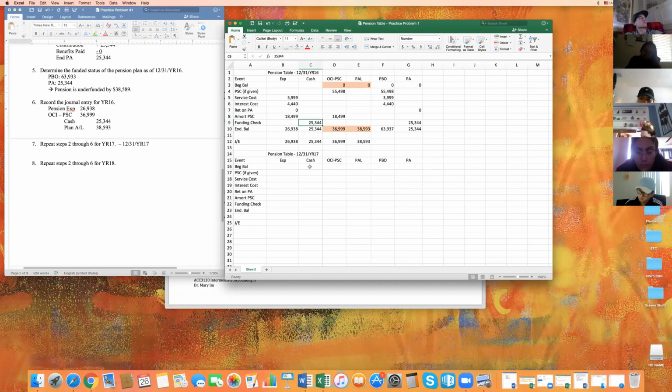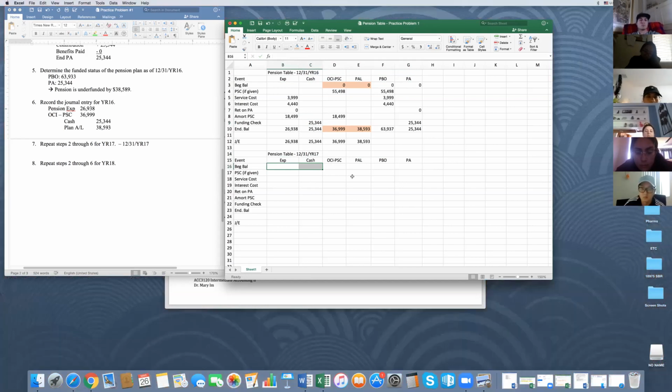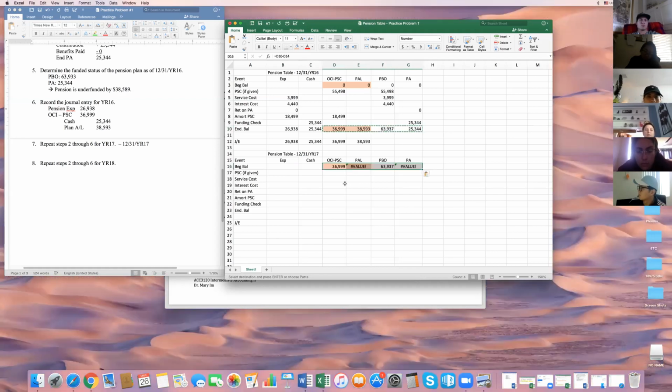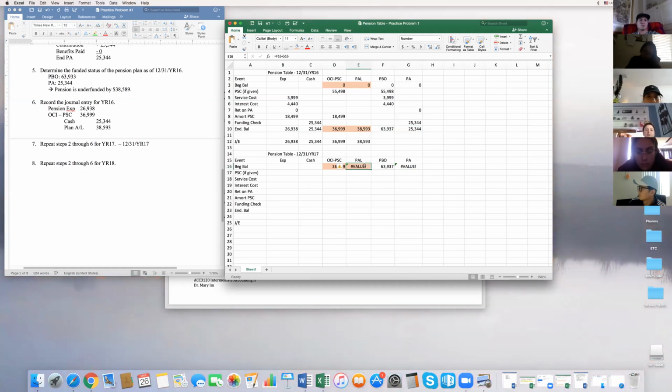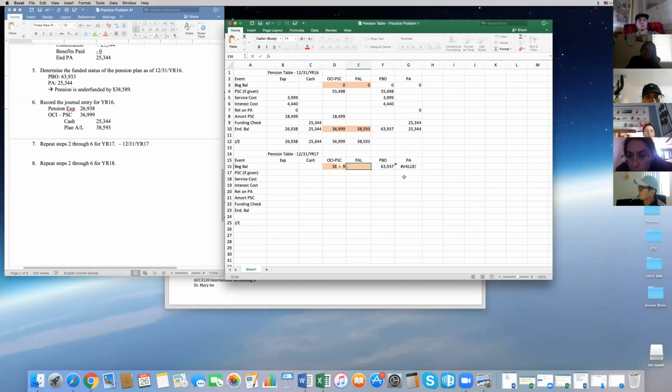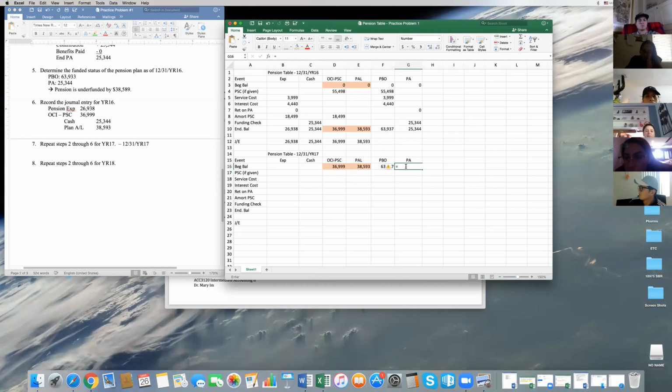So that will be just nothing in there. But OCI, PAL, so plan asset or liability, PBO, and plan asset, we had these ending balances. Therefore, these ending balances become the beginning balances for the following year. Let me just copy. This is this, and this here is this.